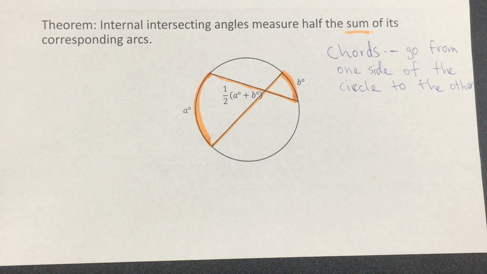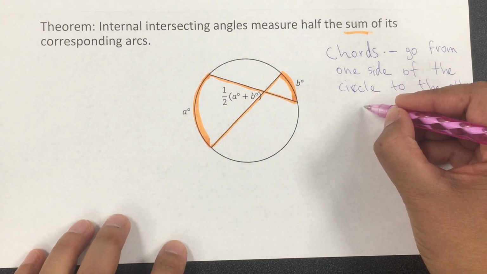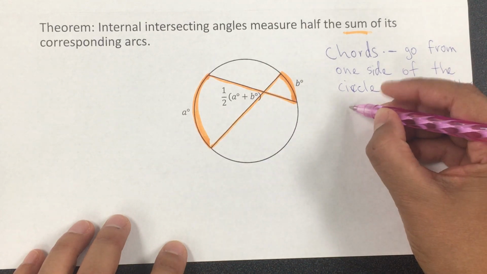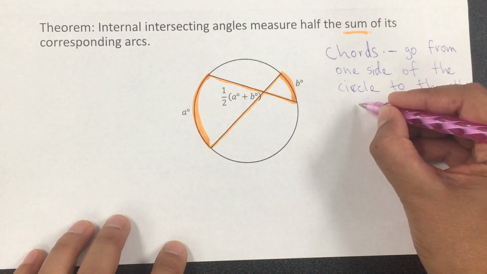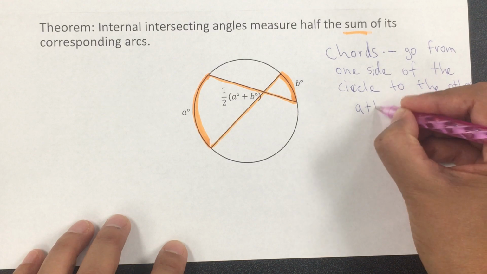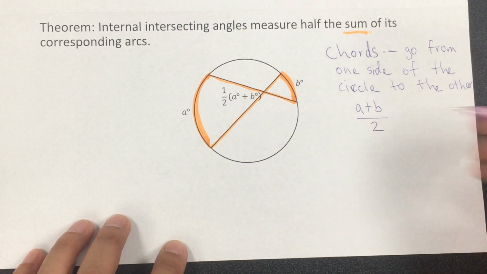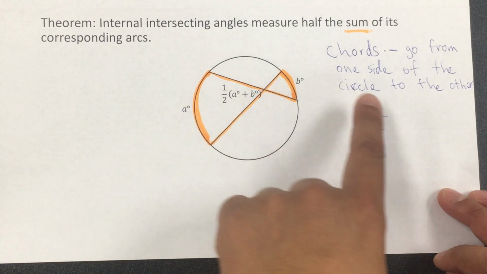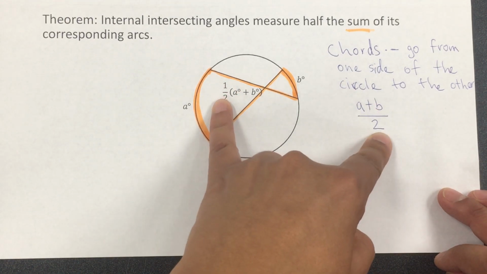In our Latin American countries, instead of putting 1/2 times A plus B, we say that it's going to be A plus B divided by 2. It's exactly the same if you multiply by 1/2 or if you divide by 2. You get the same results.